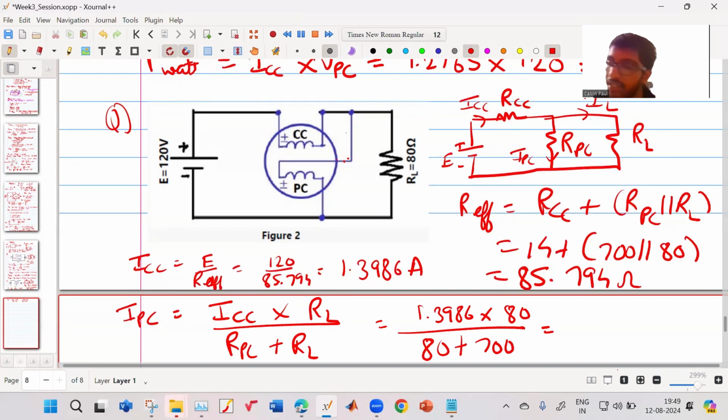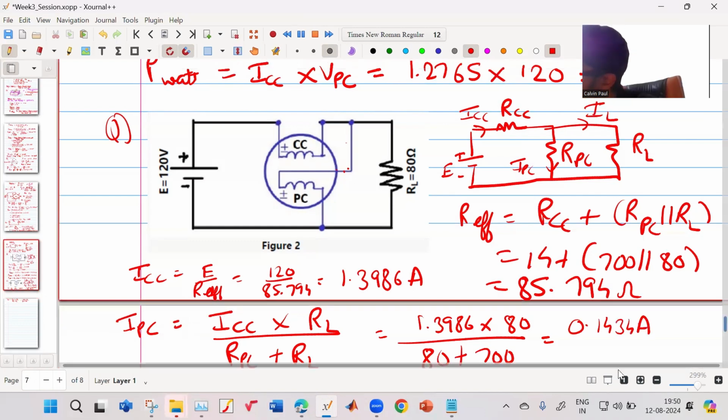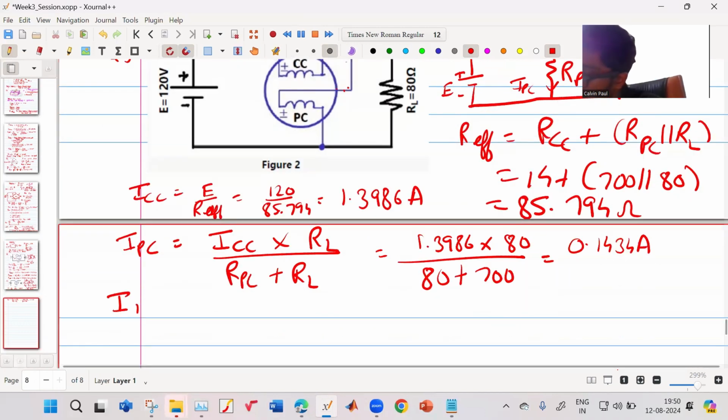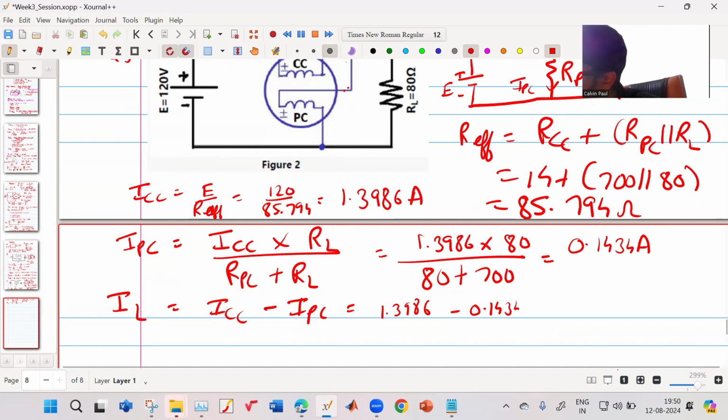0.15. Yes, it is 0.1434. The current to my load is ICC minus IPC. That I will get it to be 1.3986 minus 0.1434.